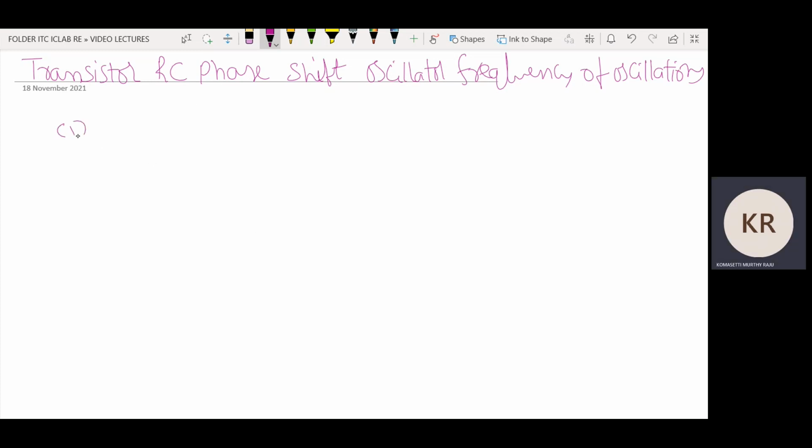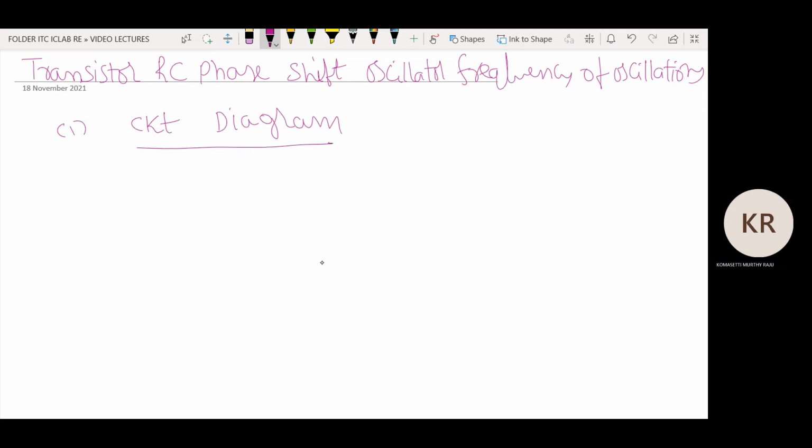First one is the circuit diagram. This is the circuit diagram. This one is the amplifier part and the feedback part. Both parts are combined here.